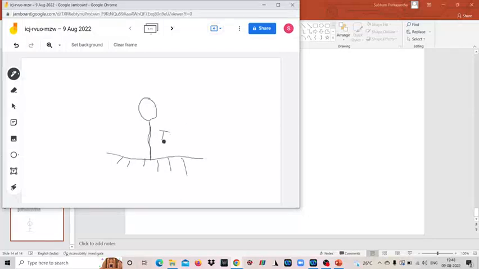Now what will be the direction of this tension? And this is completely downward. Can you repeat? I didn't hear you. So towards the bottom, I think.